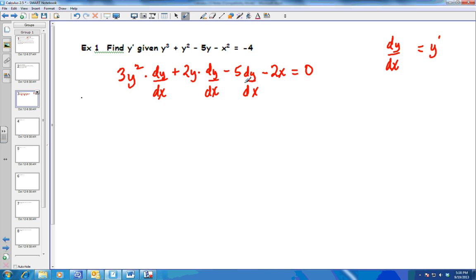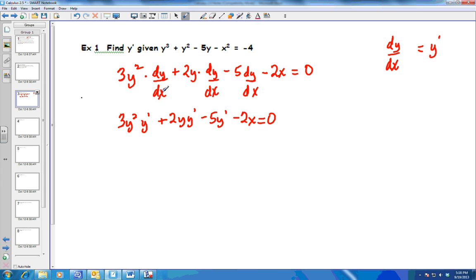But I want you to see that because a lot of books and a lot of teachers will write dy dx instead of the y prime. So now I'm going to go ahead and change this just so it's easier to see. Okay, 2y y prime minus 5y prime minus 2x equals 0. And another reason why some people go ahead and write that dy dx is so that you can see that you took the derivative with respect to y, and now I had to take it with respect to x.